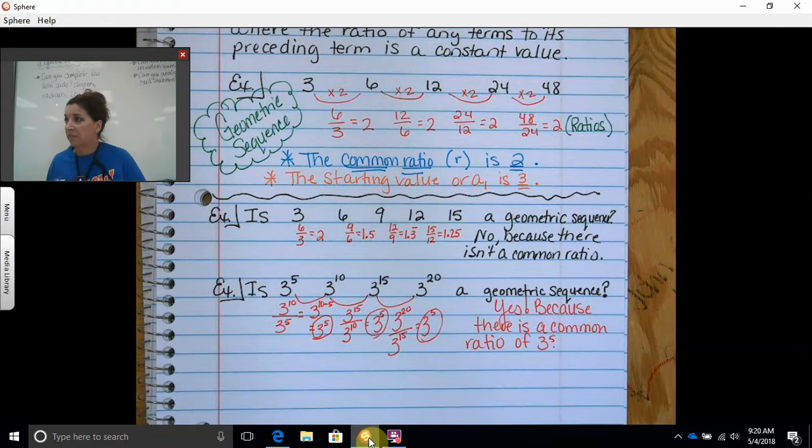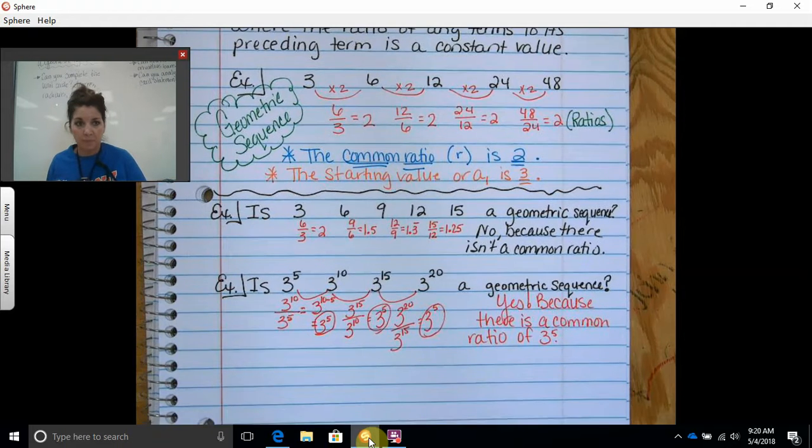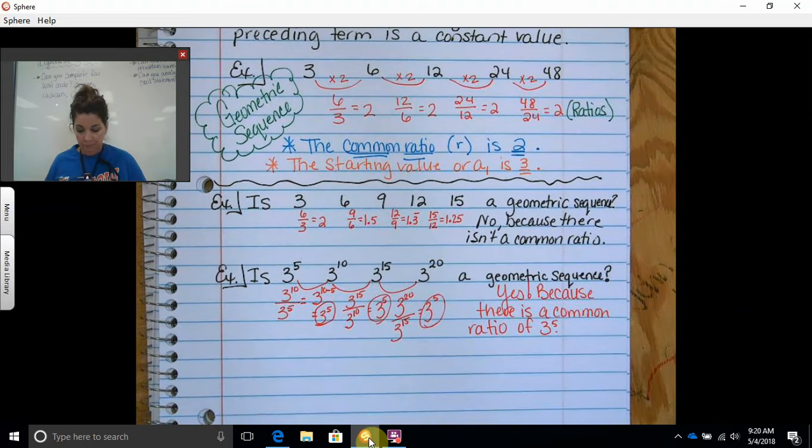Is that zoomed in enough? Okay. Everybody cool with that?